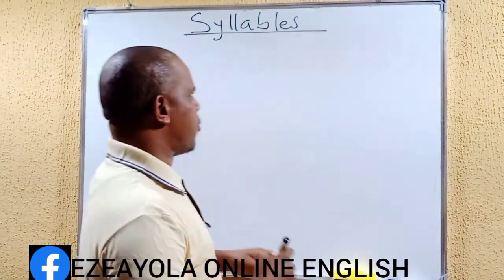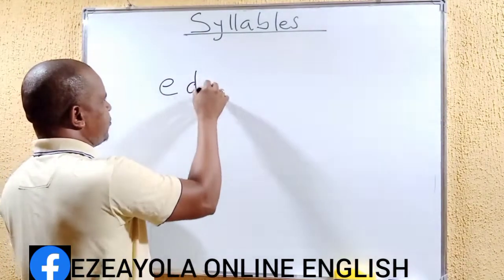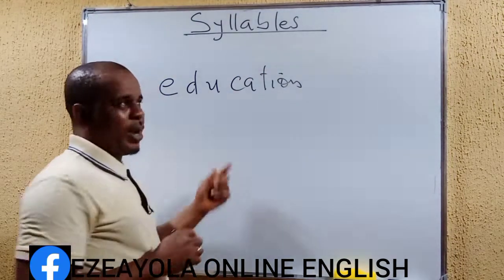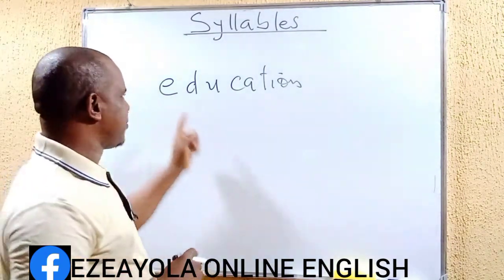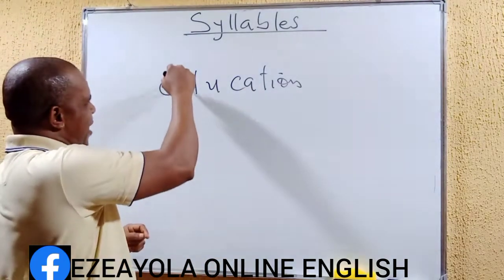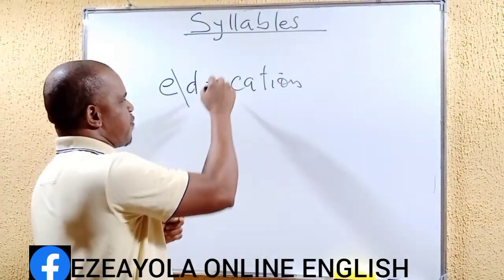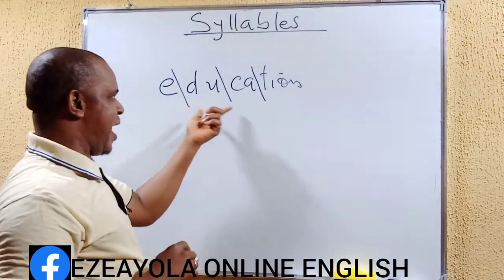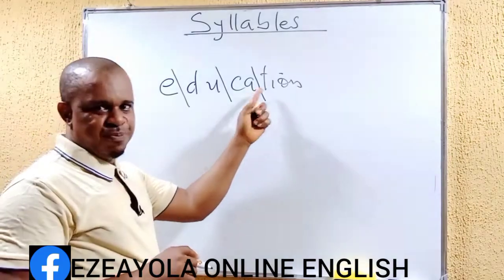Look at something like this: we have the word education, all right? We could break this word into different syllables, so that we shall have e-du-ca-tion.